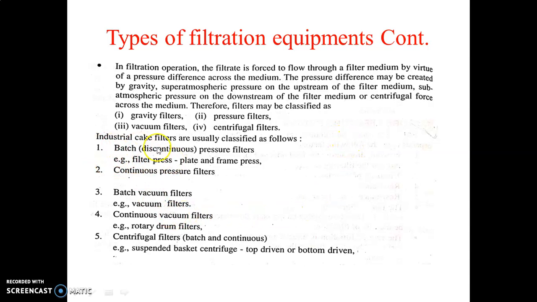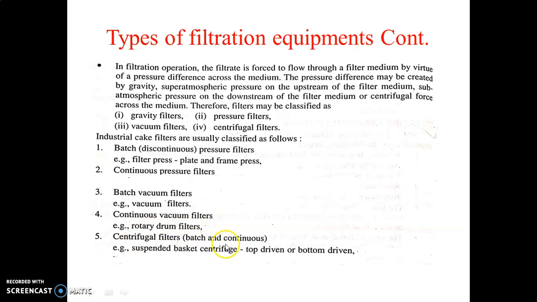The industrial cake filters may be classified as batch pressure filters, for example the filter press, plate and frame. Second, continuous pressure filters. Third, batch vacuum filters. Then continuous vacuum filters, where we have rotary drum filters.